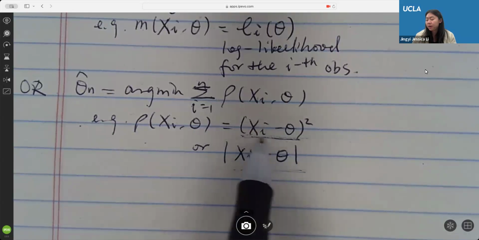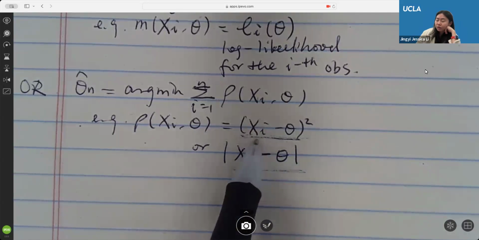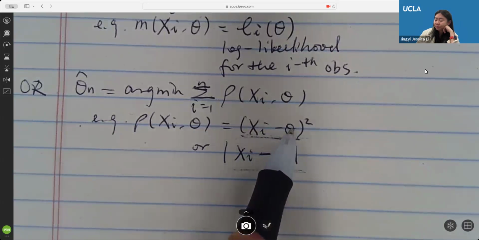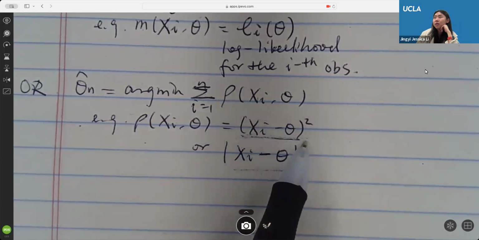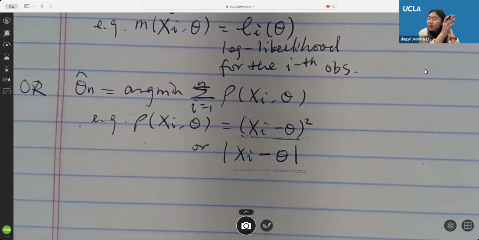And this robustness is based on the loss function. Because you can see for the square loss compared to the absolute value loss, data points farther away from theta will have much bigger influence on the square loss. So they will more drive the minimizer, while in absolute loss, they are less influential. That's the intuition behind it.